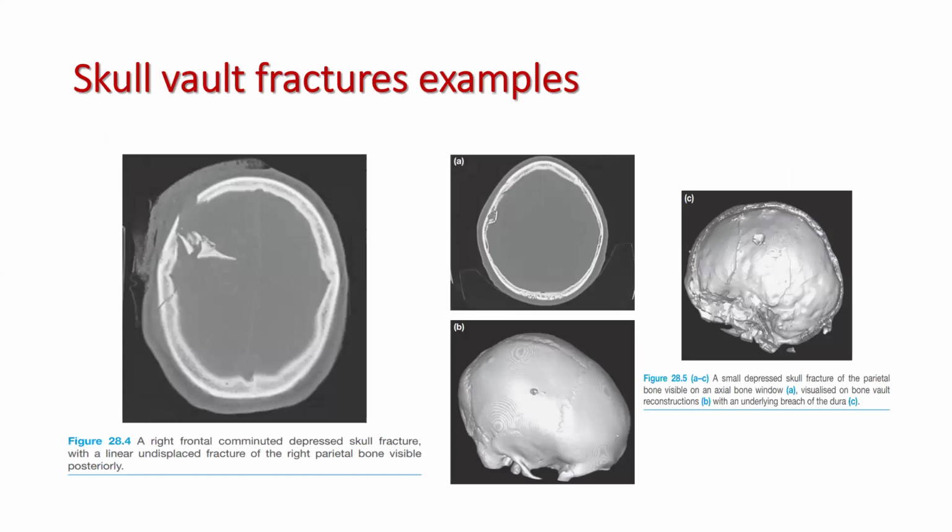The picture on the left illustrates a right frontal depressed skull fracture with a linear and displaced fracture, and the right parietal bone visible. Here you can see a fracture line where my arrow is. That is the undisplaced linear fracture that we are talking about.